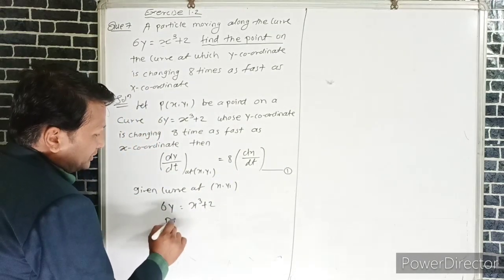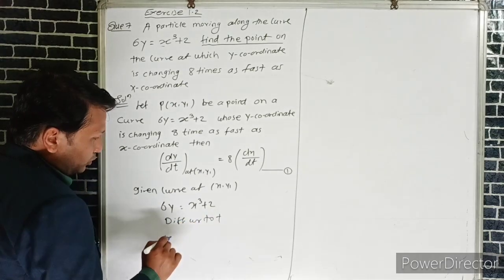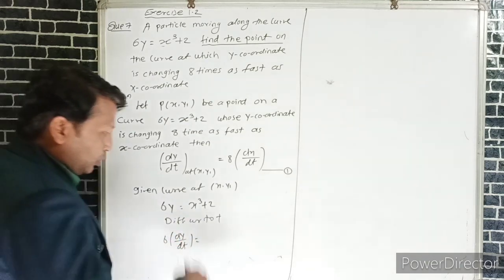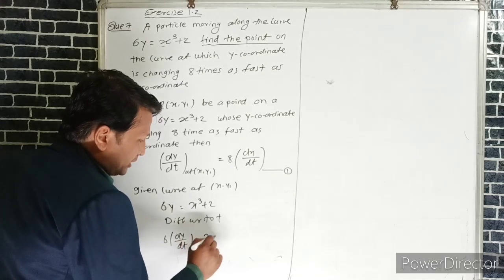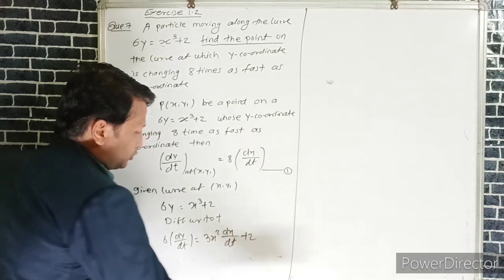If we differentiate with respect to t, we can write 6 into dy by dt equals the derivative of x cube, which is 3x square into dx by dt, plus 2.